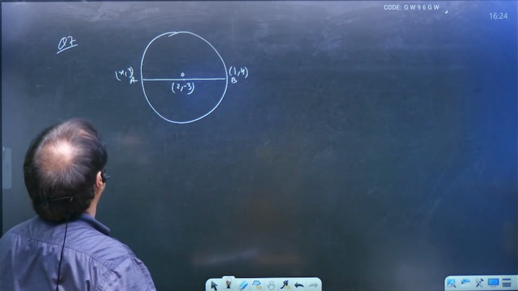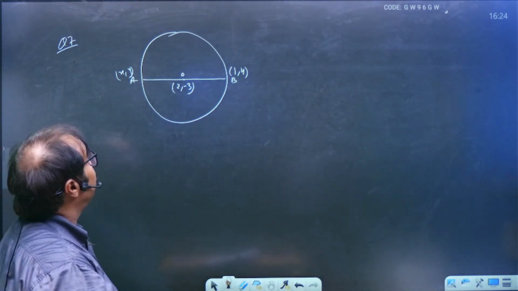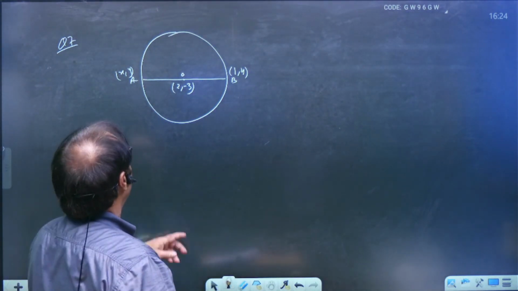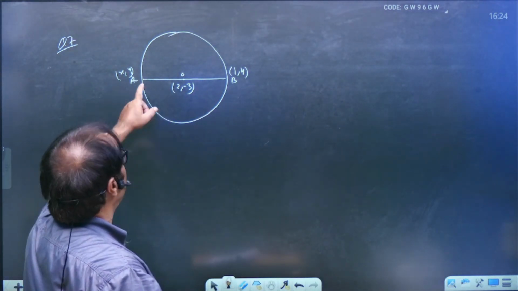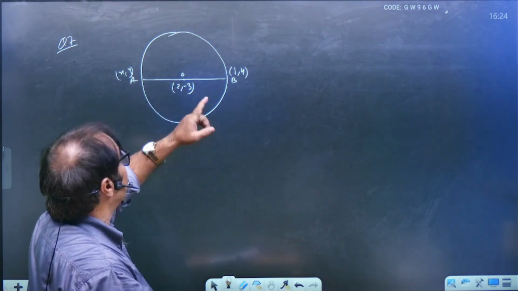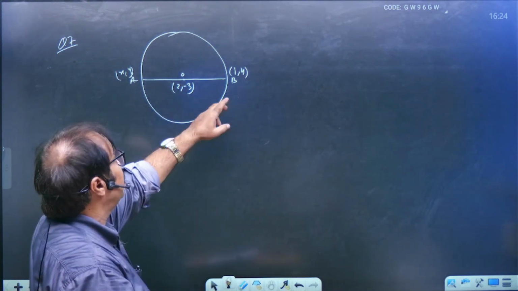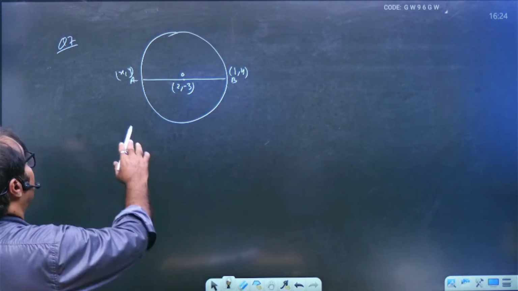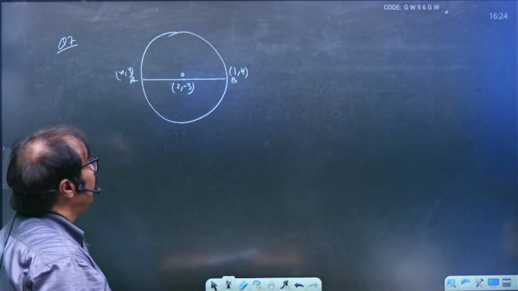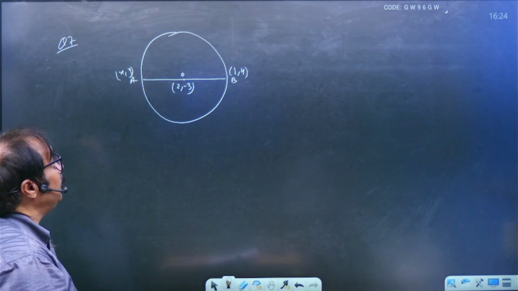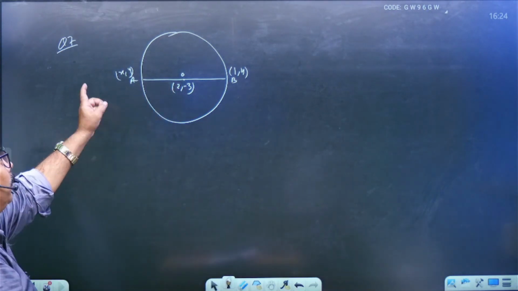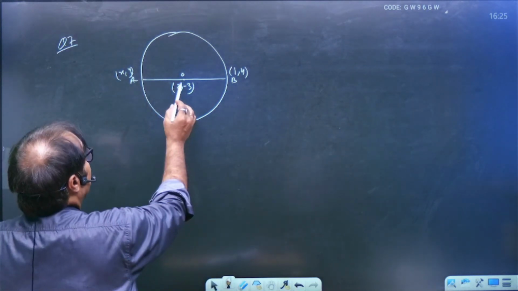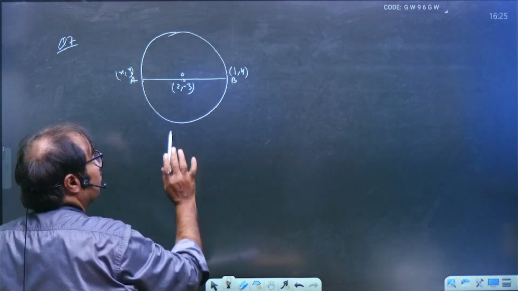So we will try to understand this question with the help of the figure. AB is the diameter and O is the center of the circle. The center is given as (2, minus 3), the coordinate of B is (1, 4), and let the coordinate of A be (x, y). So how will we find it? Now see, O is the midpoint of AB because OA is the radius and OB is also a radius.